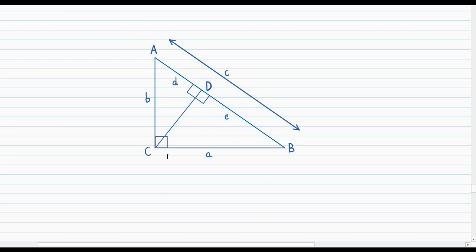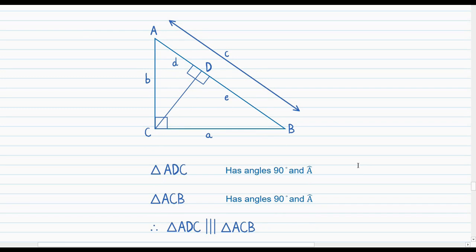Now we'll bring in the aspects of similarity. We can note that triangle ADC and triangle ACB both have an angle of 90 degrees and both have this angle of A. Therefore, we can say that triangle ADC and triangle ACB are similar. Next, we can compare triangle CDB again with triangle ACB.